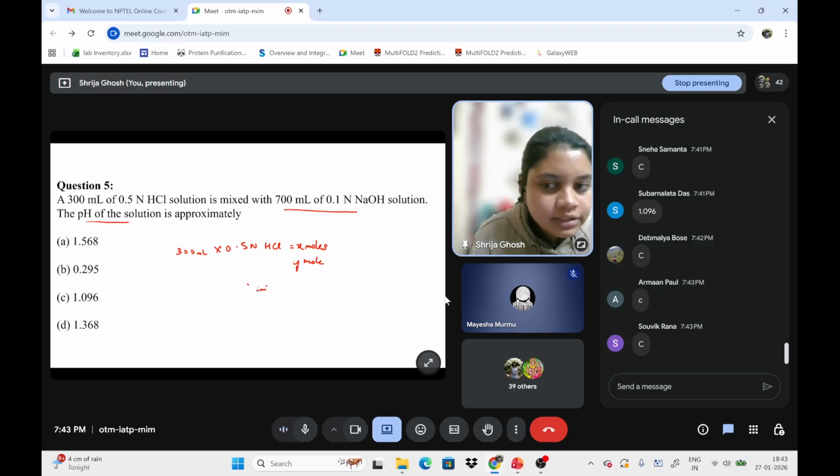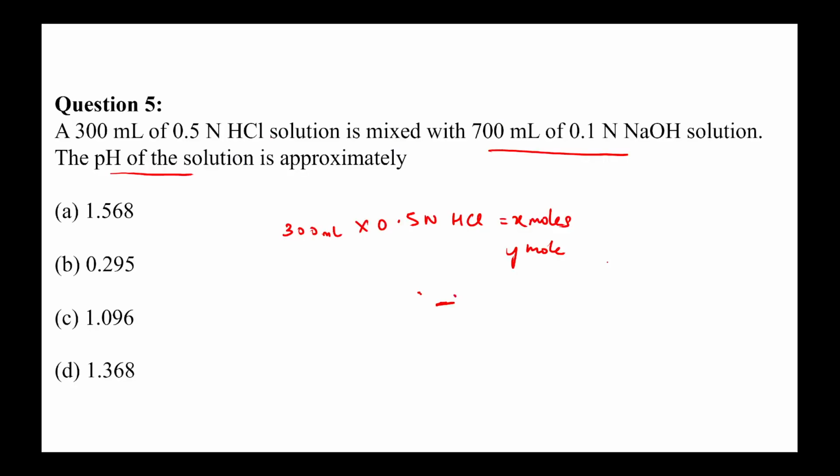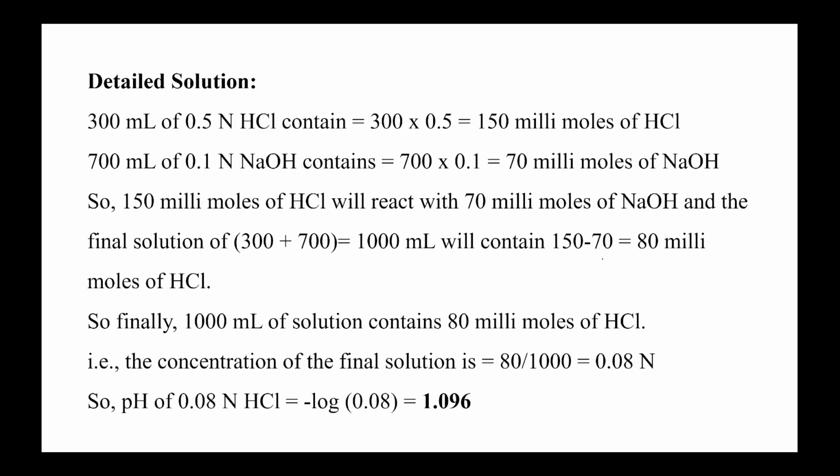Okay, so now I can see most of you are answering option C. I have one option B also in this chat box. So the correct answer is option C, or 1.096. So the right way to solve this question is you first calculate the moles. So 300 into 0.5 would be 150 millimoles, or you can divide it by 1000 to get the moles.